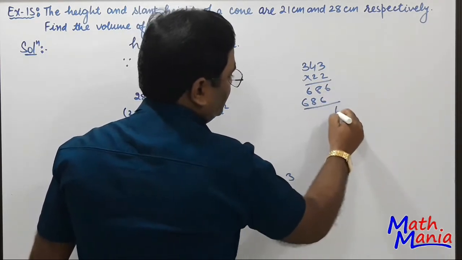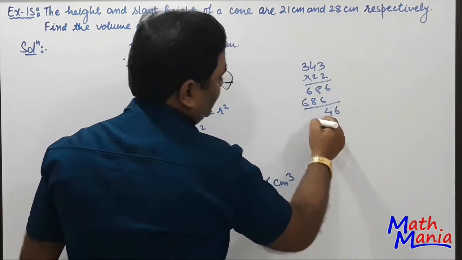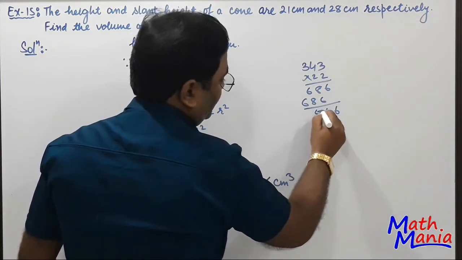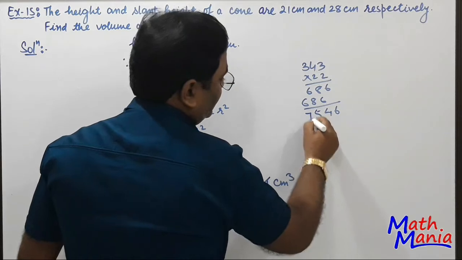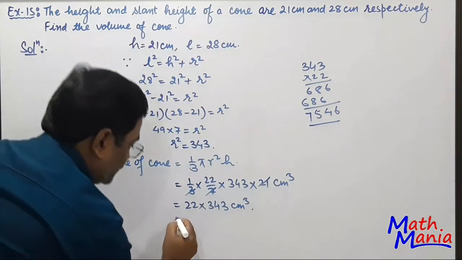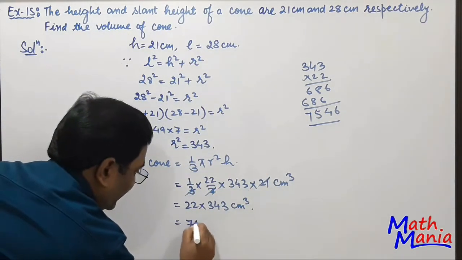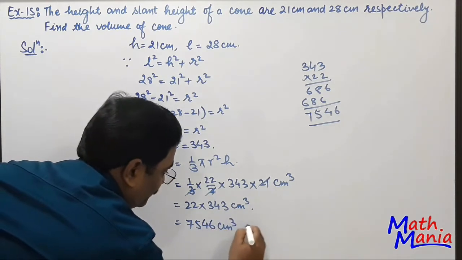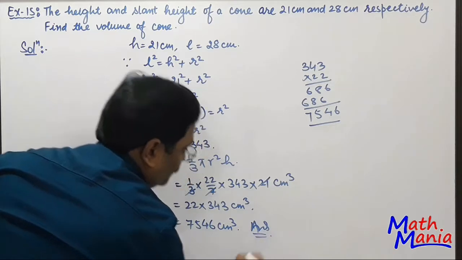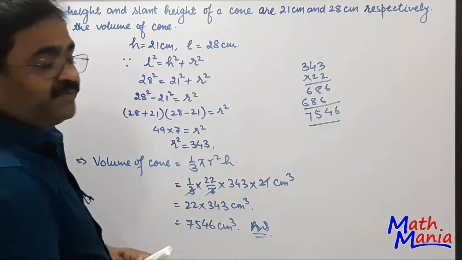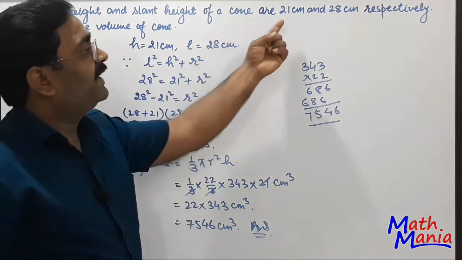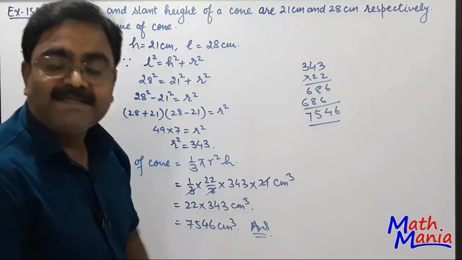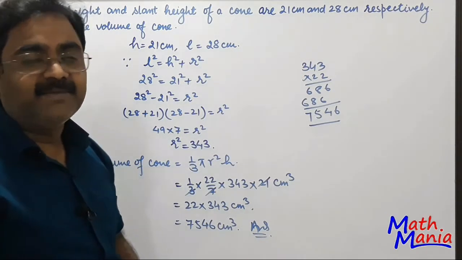Let's multiply 6, 8 6 14, 14 1 15 and 7. 7546 cubic centimeter is the volume of this cone, which is given of height 21 centimeter and slant height 28 centimeter, right friends?